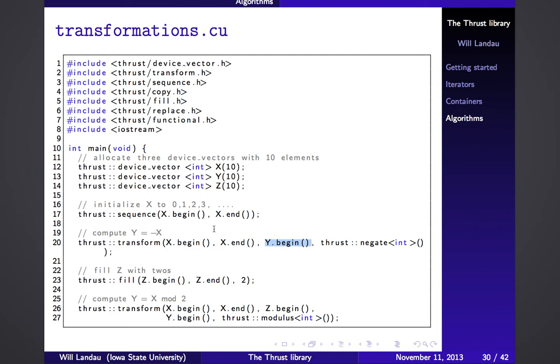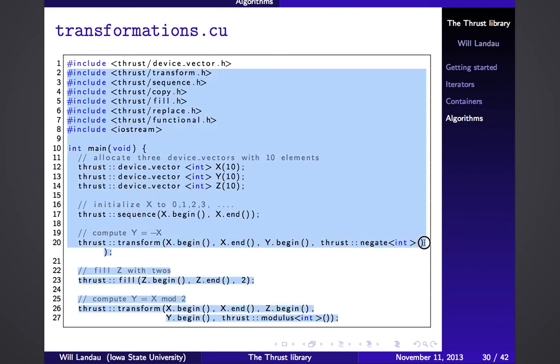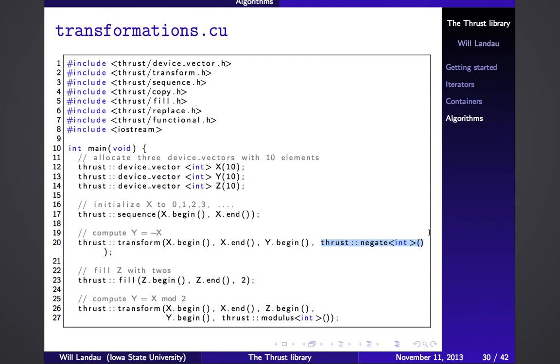So it takes all these elements, negates them, stores them in y from the beginning to however many there were in x to copy over from x begin to x end. Now, the negate function is explicitly passed in as this fourth argument here. And what you can do is you can create your own functions and pass them in and use transformations on them. So, for example, if I wanted to pass in a modulus function, I could do that here.